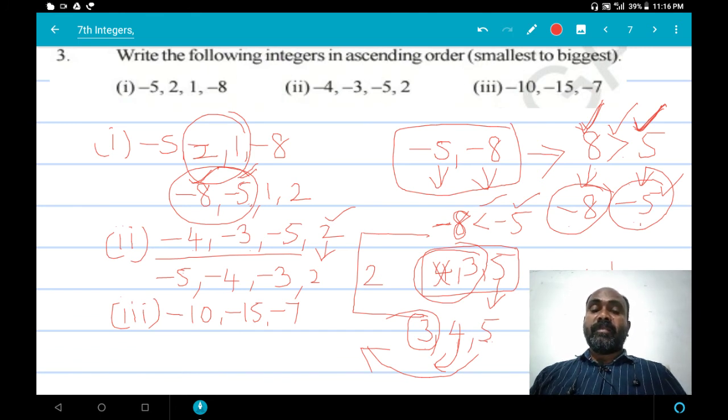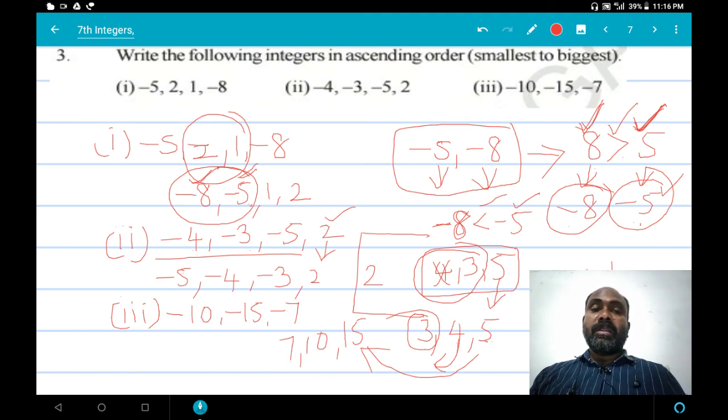Which is bigger? 15 is the biggest, 10 is bigger than 7, and 7 is the smallest.